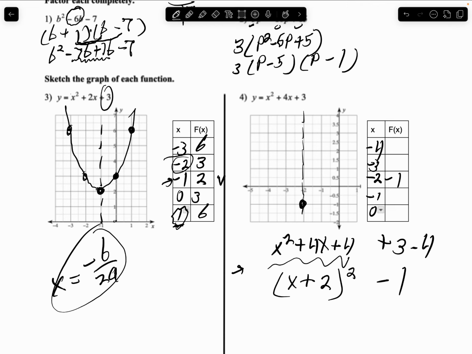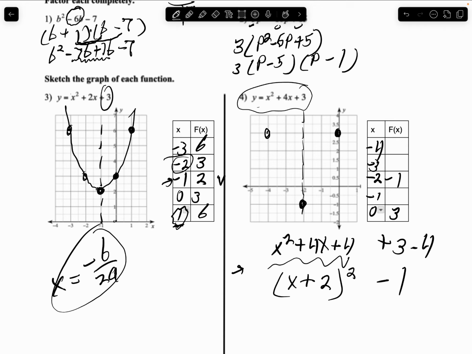So 0 is an easy one to plug in. Plug it into the function. You get 3 when you plug 0 into the function. Try it. Use a calculator if you want to or need to. 0 over, 3 up. Right there. Means I've got to be the same distance over there at least.